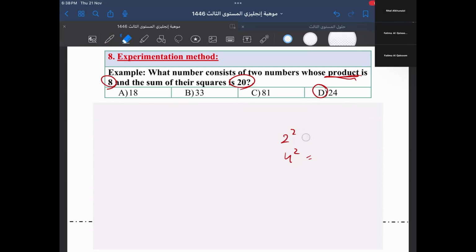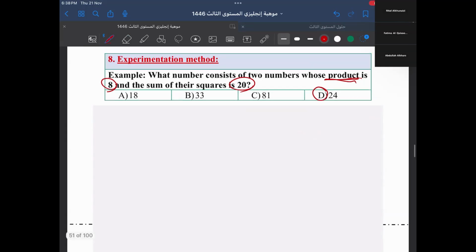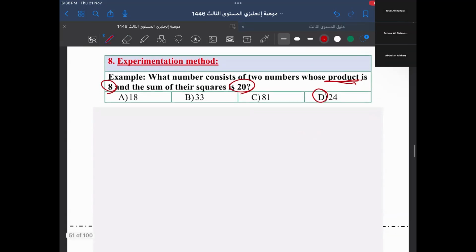Clear? Yes, but why was it written as 24 and not 2 and 4? Because it makes it a bit confusing. It wrote it as 24, so it seemed like it was the number 24. So here in the question, they're saying what number consists of two numbers whose product is 8.